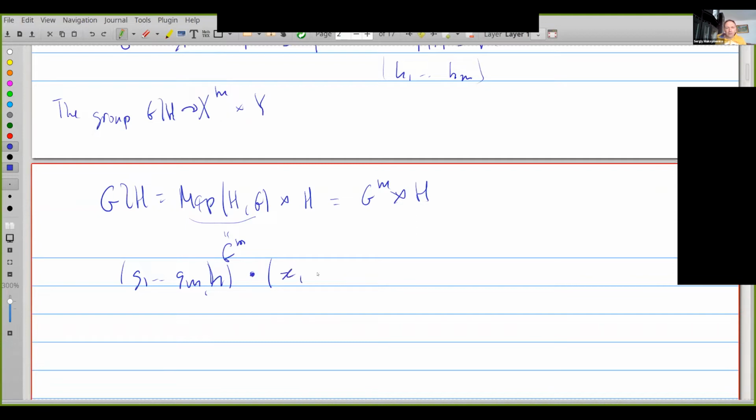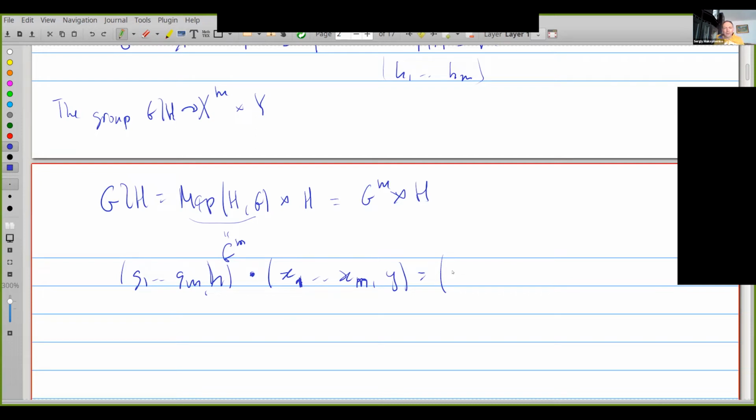If it were a direct product, then I would just act by each Gi on the corresponding Xi. But now, since H acts on itself by left shift, it actually acts on indices. H acts on this space because it has M elements, the same number as elements in H, so it acts on it by permutation of coordinates.